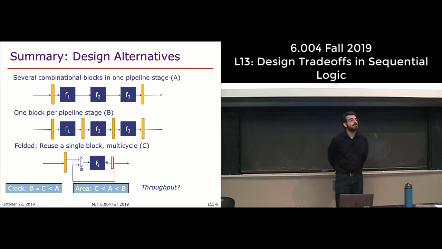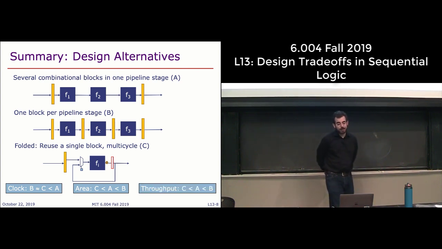How about throughput? Which of these implementations is going to have the highest throughput of all of them? Is it going to be C? No. Okay, it's going to be B, right?